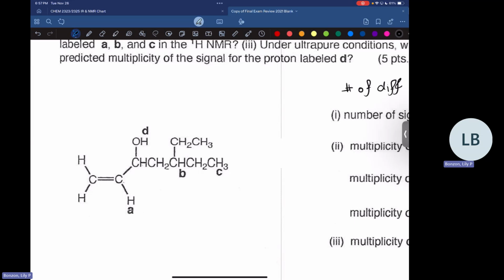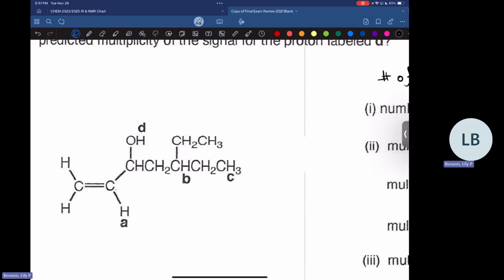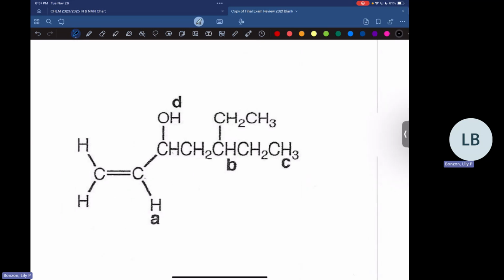So I'm just going to start from the left and go to the right. So we have this double bond here on the left of the structure. So we have this hydrogen here. So I'm just going to label this as 1.